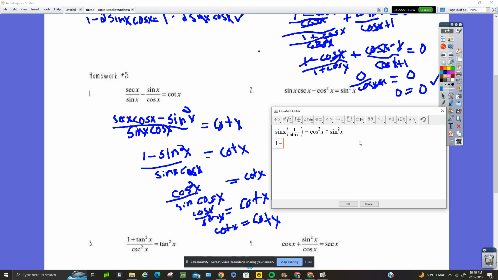So 1 minus cosine squared and sine squared equals sine squared.